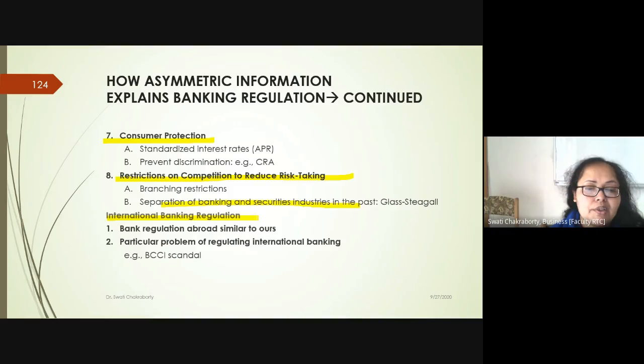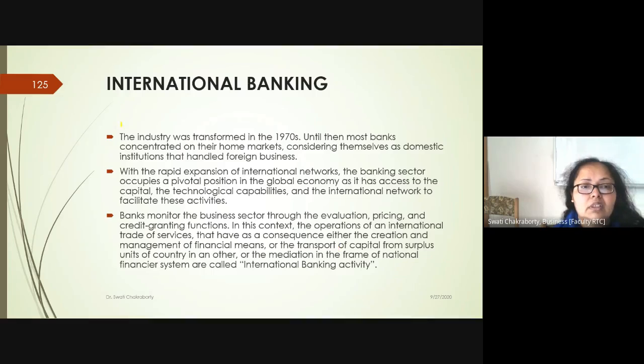International banking regulation. Bank regulation abroad is similar to ours, the national within the country, but it has the particular problem of regulating international banking. So it's needed. Now, when we talk of international banking, the entire banking industry was transformed in the 1970s. Until then, most banks were concentrated in their home markets, considering themselves as domestic institutions that handled all financial business.